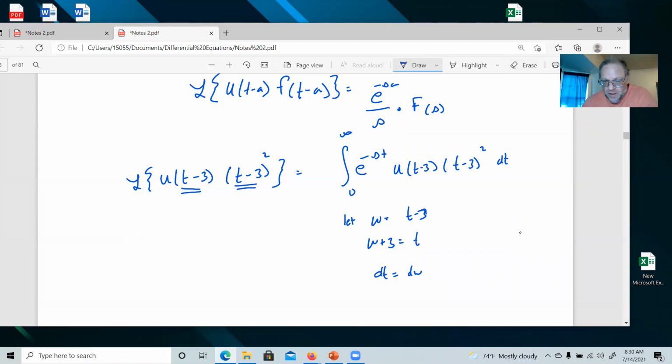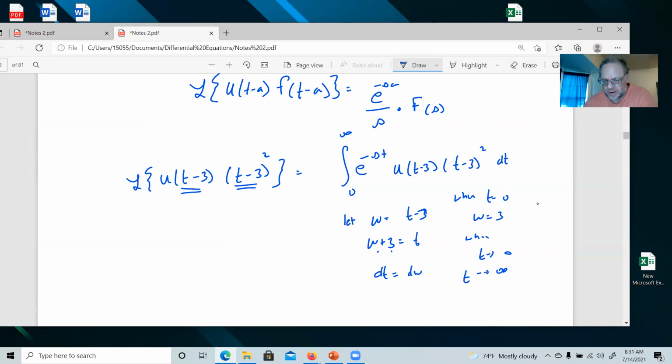The limits: when t equals 0, w is equal to negative 3.